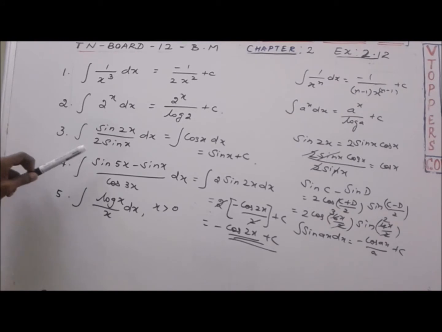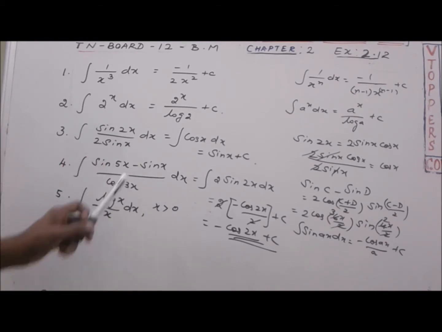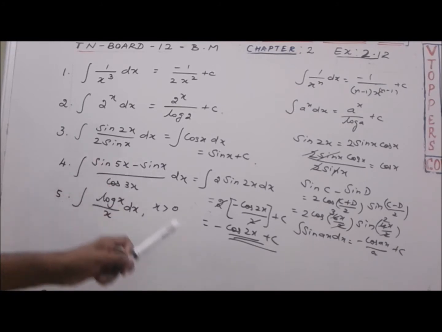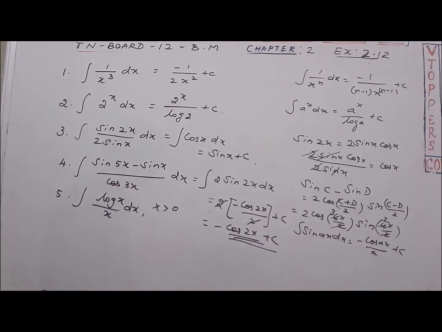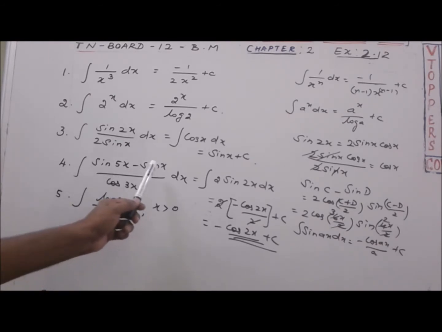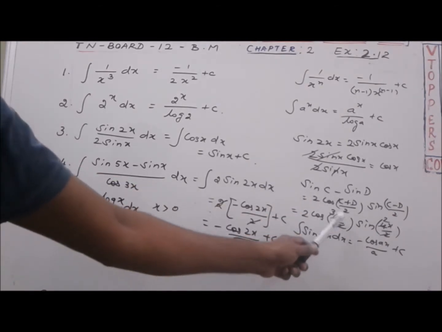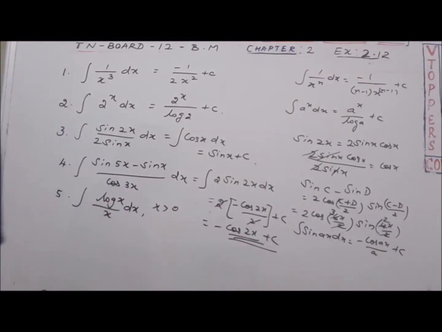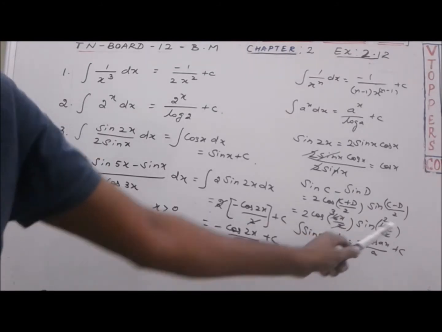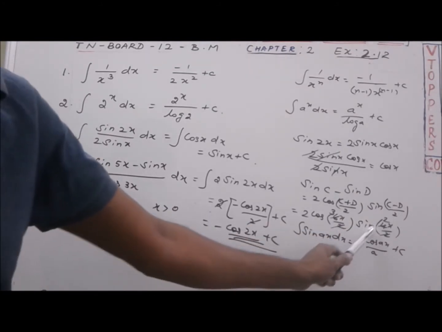And the fourth one, the numerator is in the form of sin c minus sin d, divided by cos 3x. The sin c minus sin d formula is 2 cos (c plus d)/2 sin (c minus d)/2. Instead of c substitute 5x, instead of d substitute x. So sin c minus sin d will be equal to 2 cos 6x/2 sin 4x/2. By cancelling the 2, we get 2 cos 3x and sin 2x.